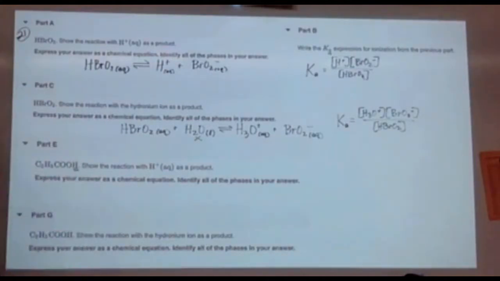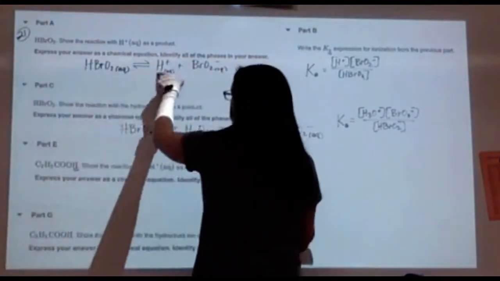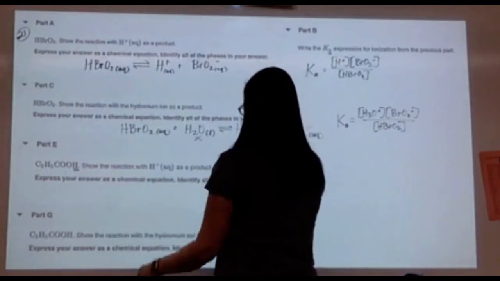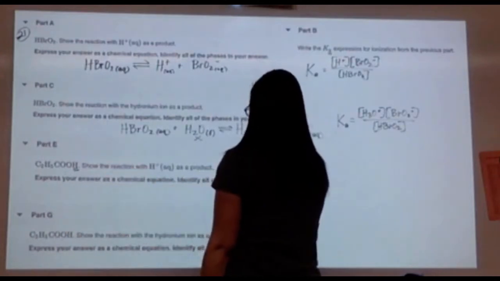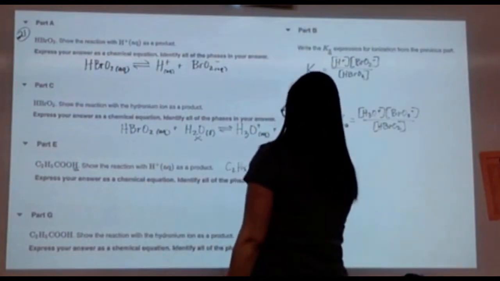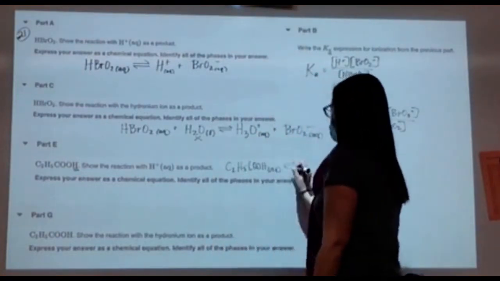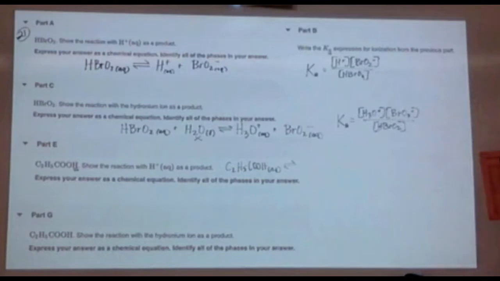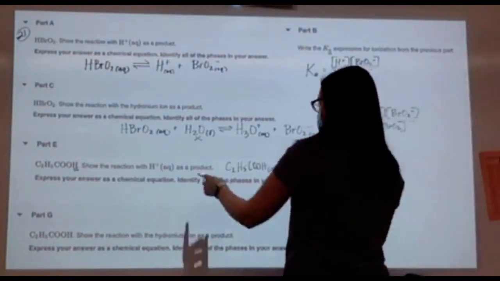So in part E, show the reaction with H plus as a product. So it's just like what we did in part A. So C2H5COOH, acids are aqueous, is at equilibrium with its ions because we just want H plus as a product. So we're simplifying.